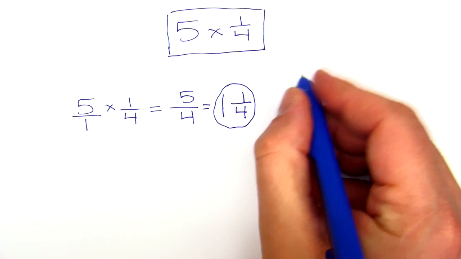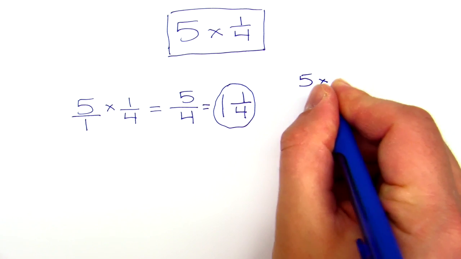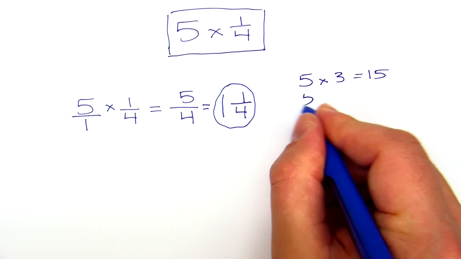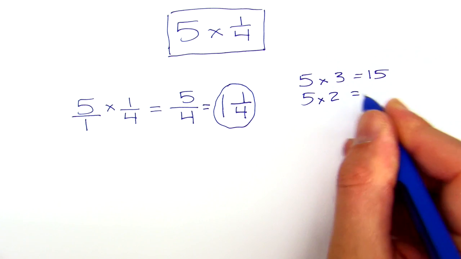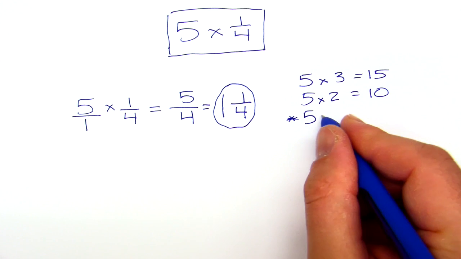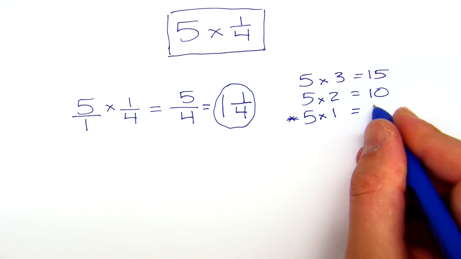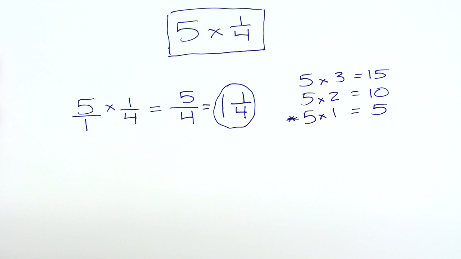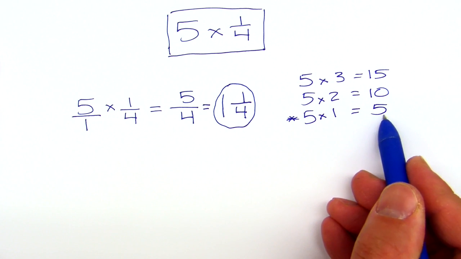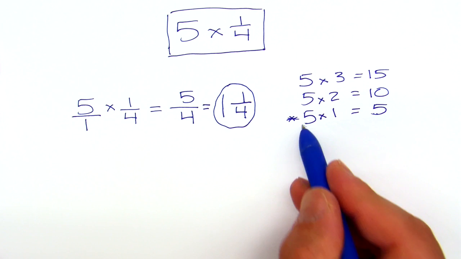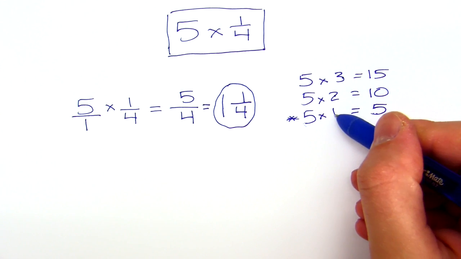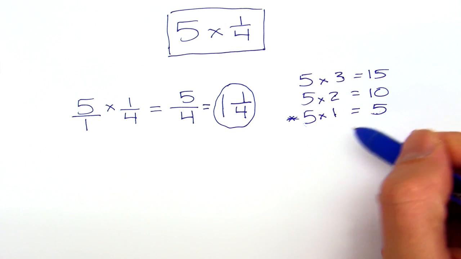Well, here's why. 5 times 3 is 15, right? 5 times 2 is 10. Here's the key. I'm going to put a little star here. 5 times 1 is what? 5. So there's something special about that. When you multiply something by 1, it stays the same. It doesn't get bigger. So here I multiply by a number a little bit smaller, and our products got smaller.